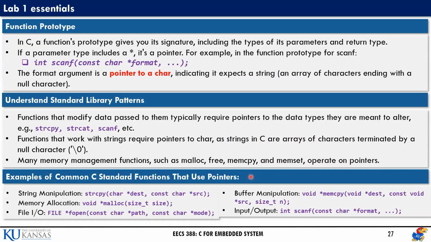And also we have some important intuition of how C is a pointer-based language. As I already told you, C is a pointer language because most of the functions you're going to use in C either take the arguments as a pointer, or those functions return the value as a pointer.